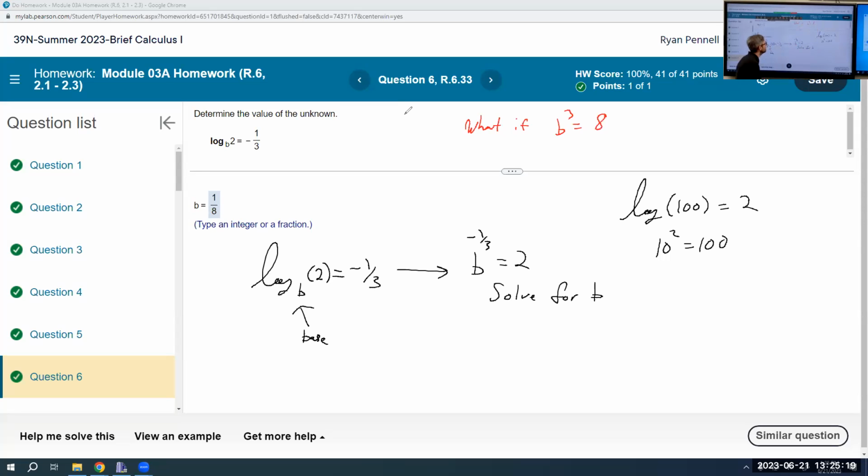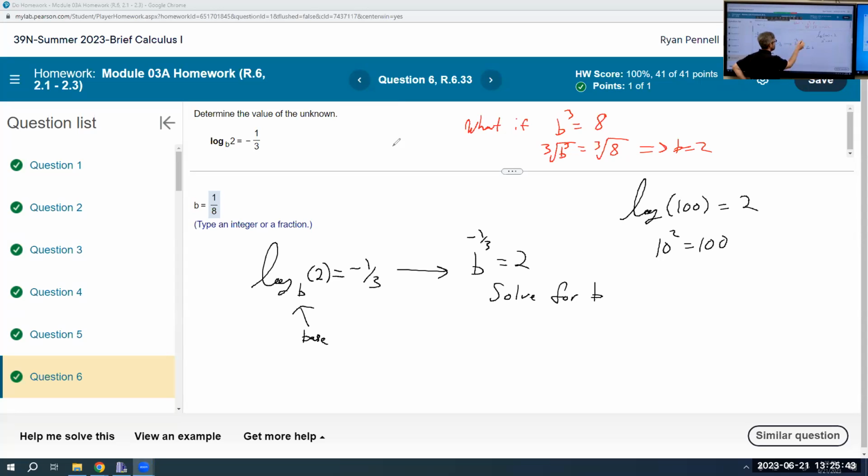This is what my brain would do. If it was b cubed equals 8, I would just take the cube root of both sides, and I would get 2. Does not solve my problem, but that's just where my brain's remembering how I solved problems like that before. How would I solve something like this?